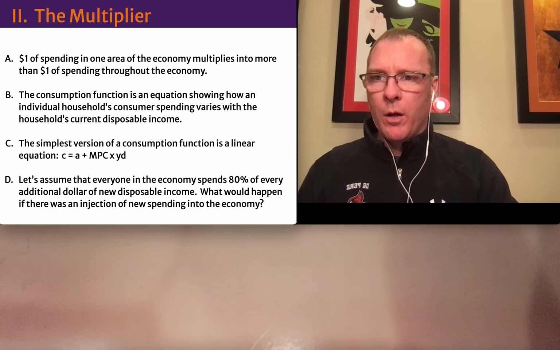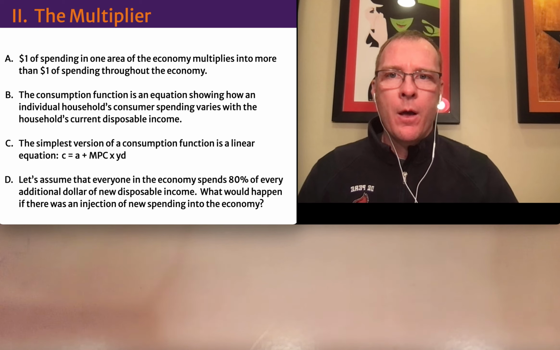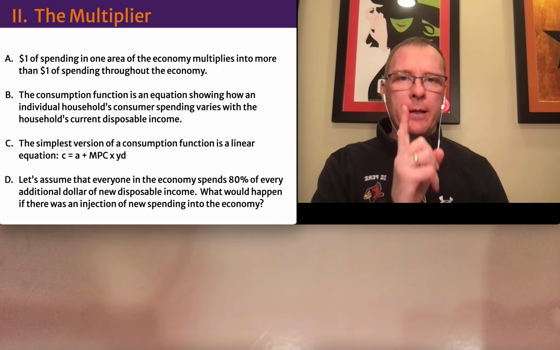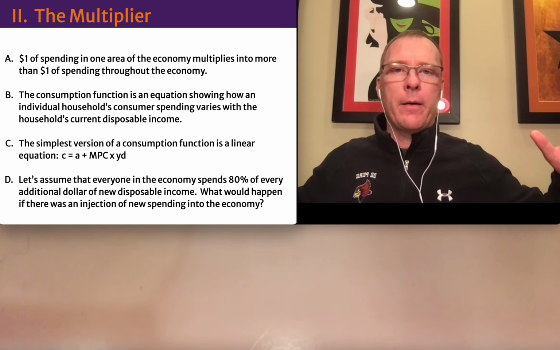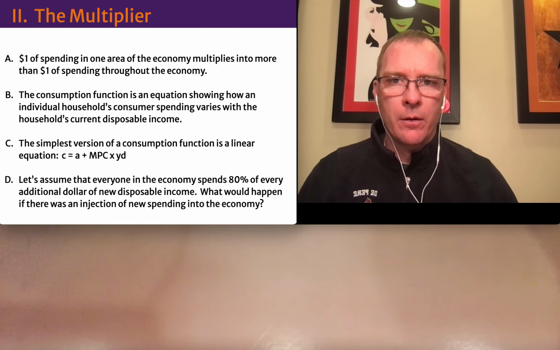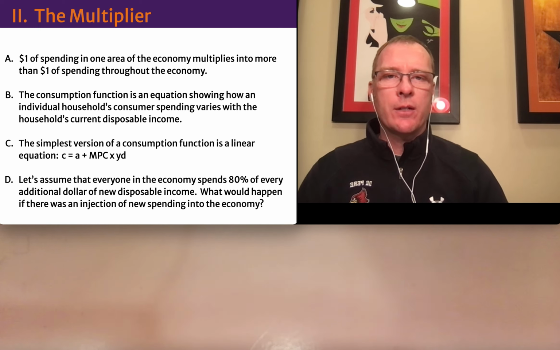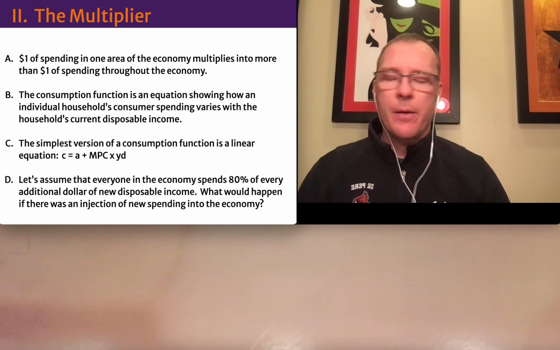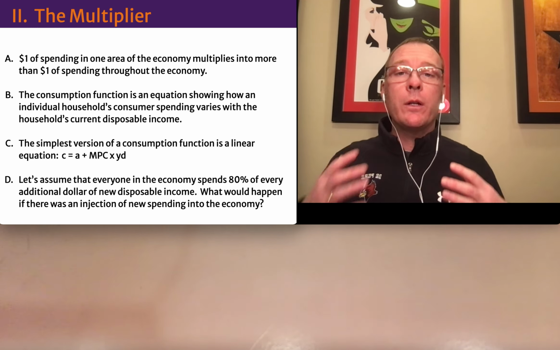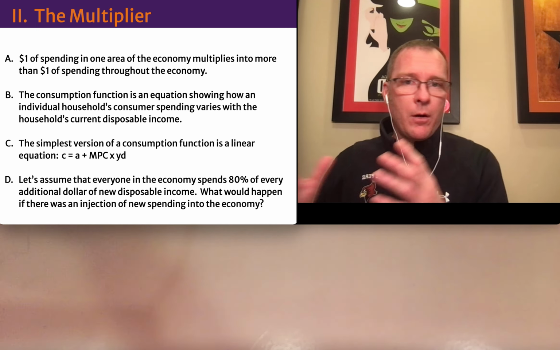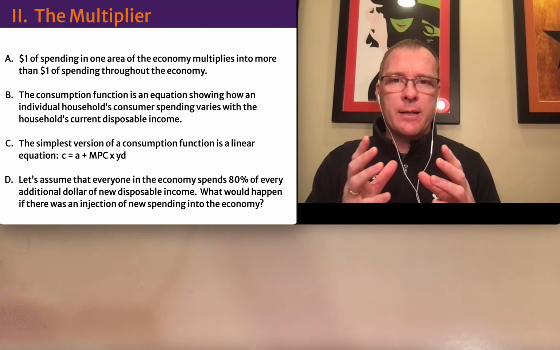So what does this multiplying effect do for us? Basically, the multiplier states that if we put another dollar into the economy, that dollar is going to grow bigger than just the initial dollar that we have. Why? Because when I spend that first dollar, somebody is going to take that dollar, and they're going to have a marginal propensity to spend some of it, but they're also going to save some of it.